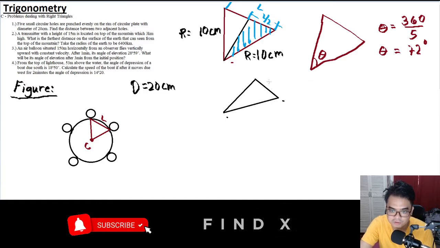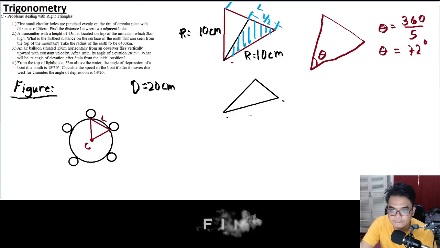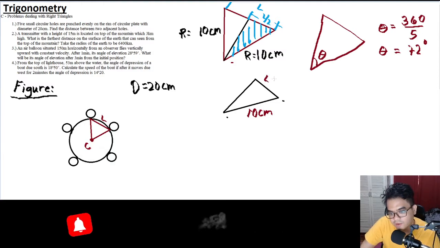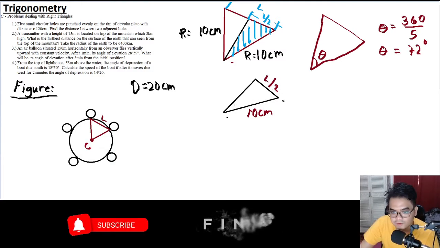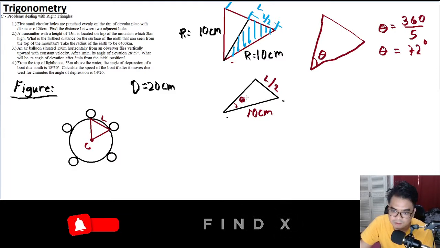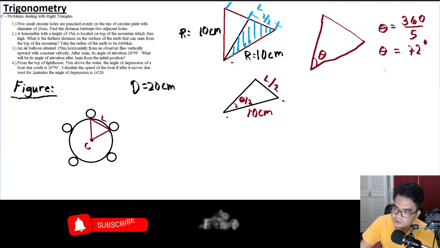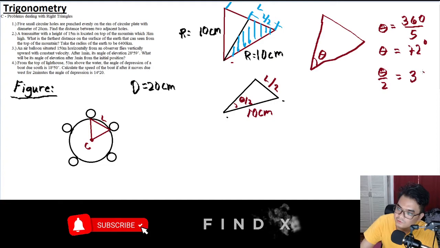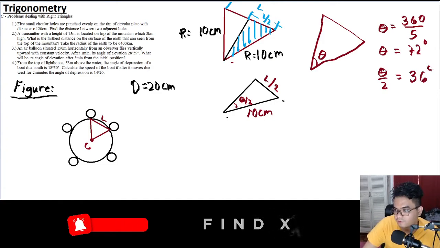I isolated it so that you can see it better. Therefore, this is still 10 centimeters, and this part is L over 2. And this is theta over 2, which is equal to 36.